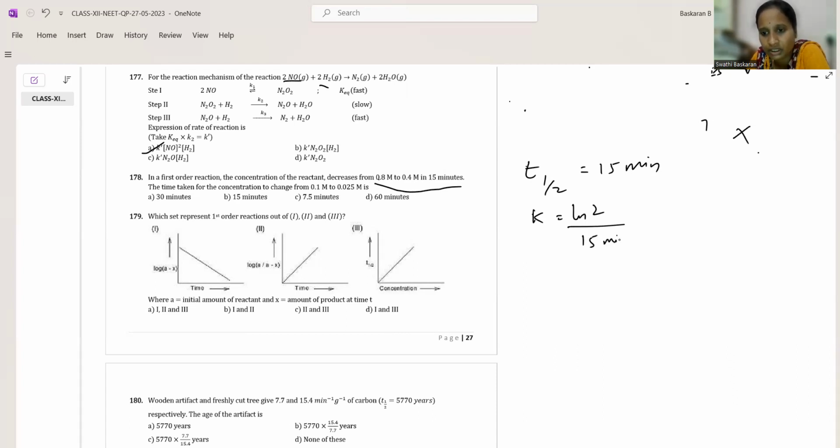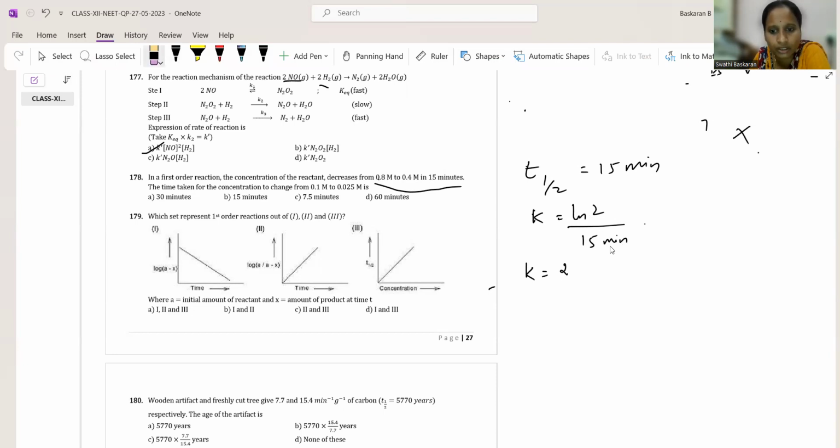Either you can express it in terms of ln 2, or you can also write it as 0.6693, but to avoid so many calculations, you can also take ln 2. Now substitute this K value in the first order reaction, where K is equal to, I will write in terms of ln only, that is natural logarithm.